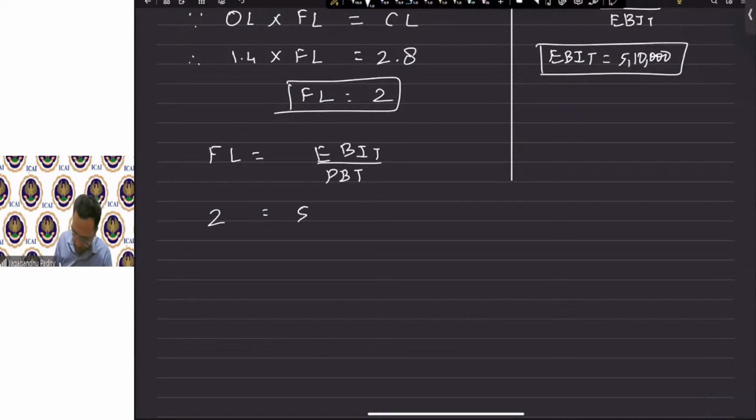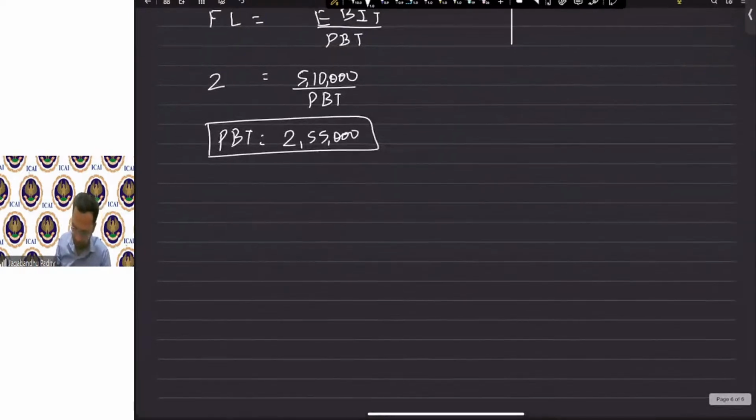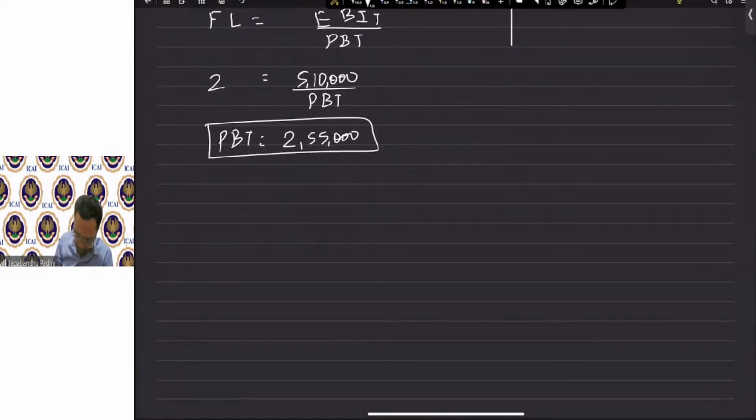So 2 equals 5 lakh 10,000 divided by PBT. Profit before tax is 5 lakh 10,000 divided by 2, which is 2 lakh 55,000. Okay, so let's begin with the income statement.